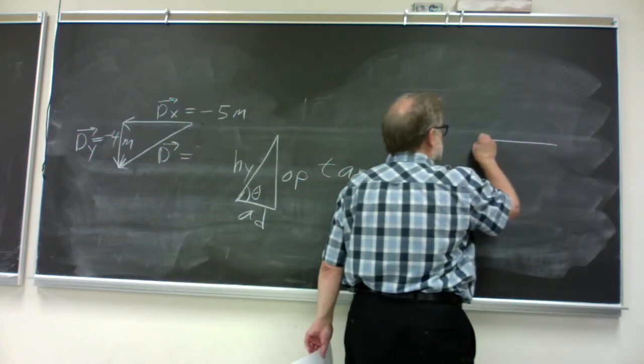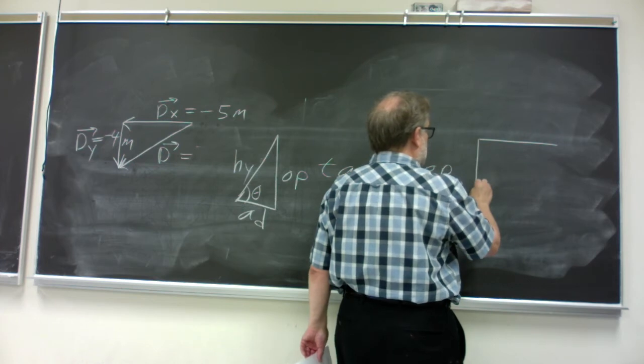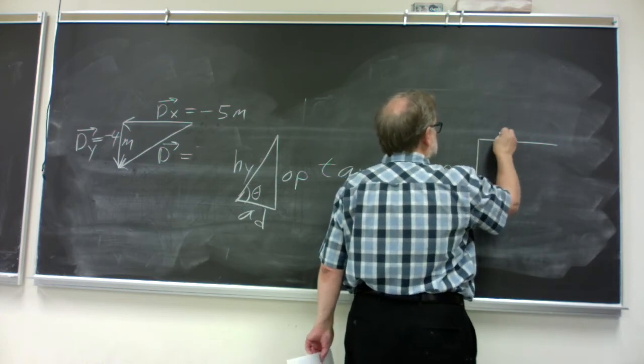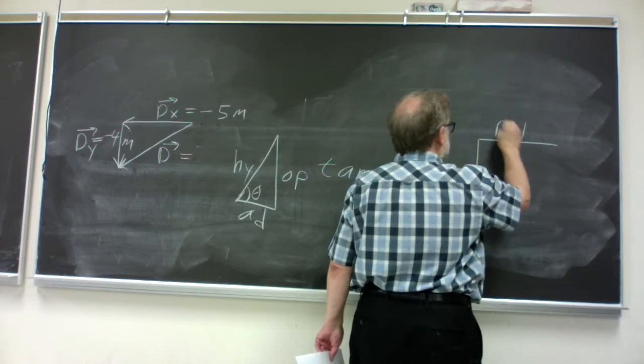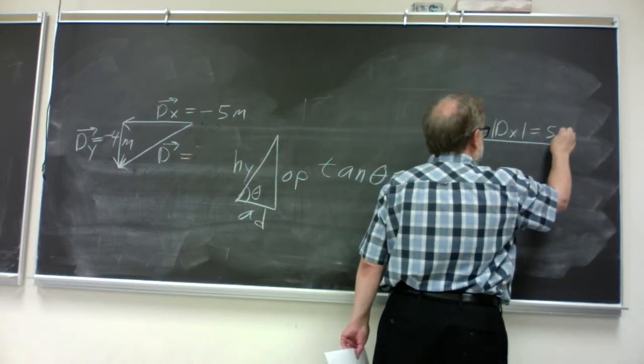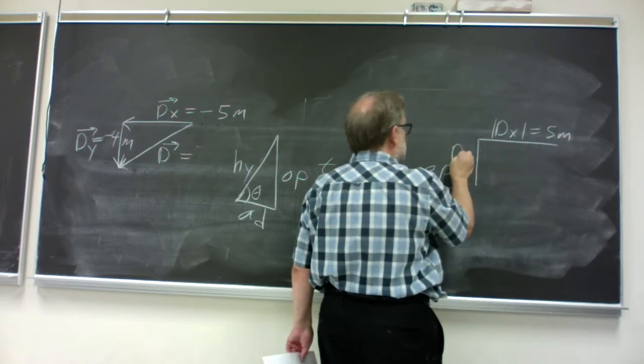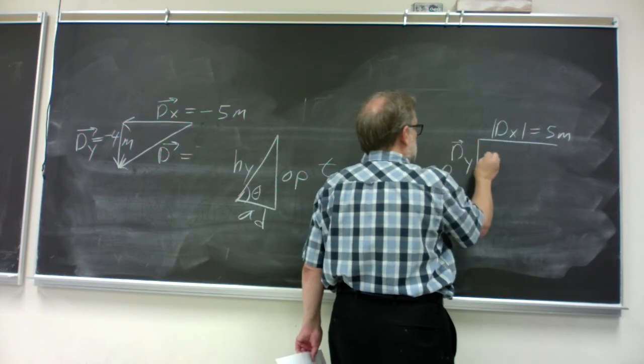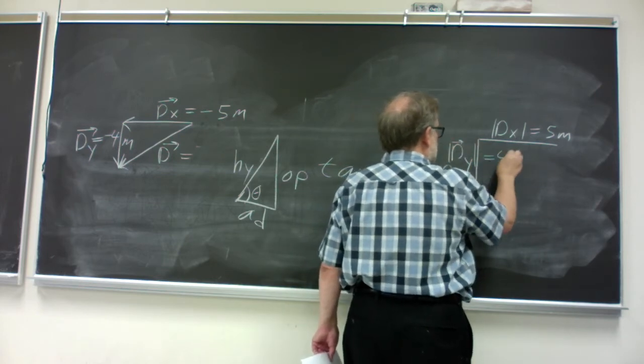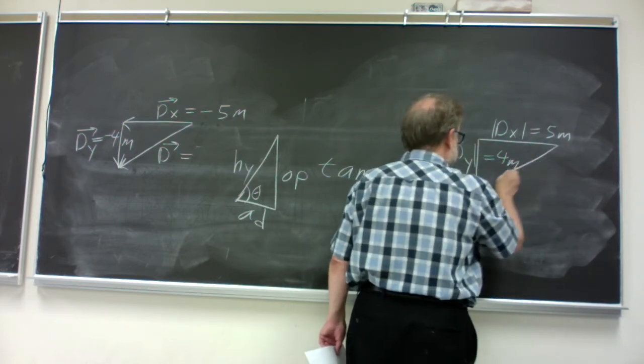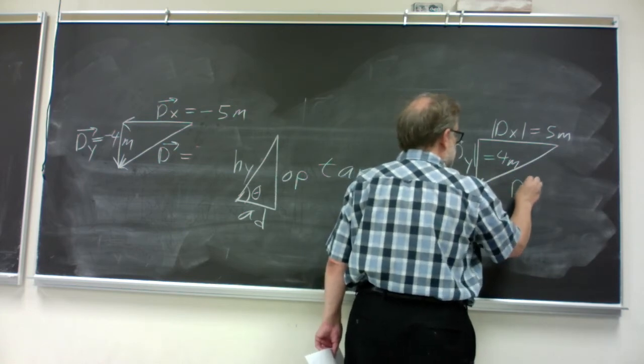So, if this is our triangle that relates the two components of D to D itself, the lengths of the sides in that triangle are the magnitude of the x component, which is 5 meters, and then the magnitude of the y component, which is 4 meters. And there's D itself.